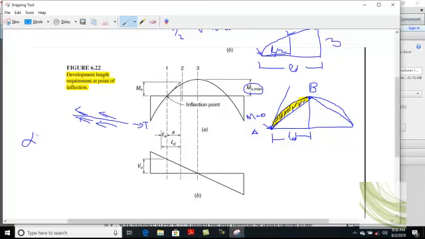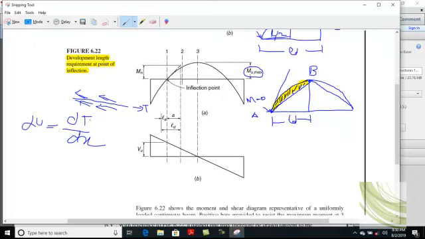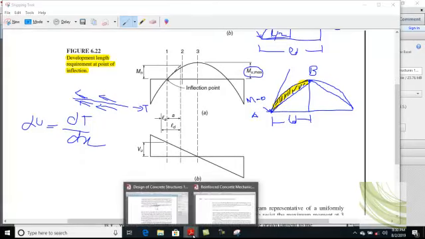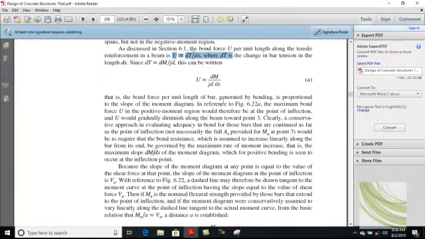It means change in bond strength will equal change in tension along the length of the bar. Clear? You must know this point. And you also know that tension is basically dT, the change in tension at point 1 and point 2. We will discuss fs1 minus fs2 at the beginning when we are discussing bond.